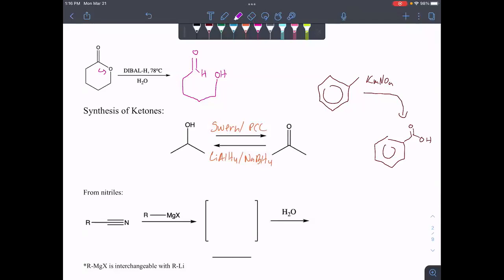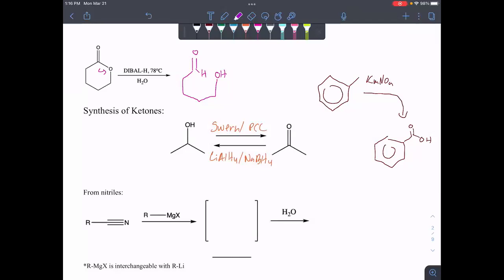But the other reagents like PCC or Swern, do they end with the same product? It's just KMnO4. No, I know. But if we use the Swern or PCC with the benzene, will the product be a ketone or aldehyde? If you use the PCC or Swern, what's it going to make?